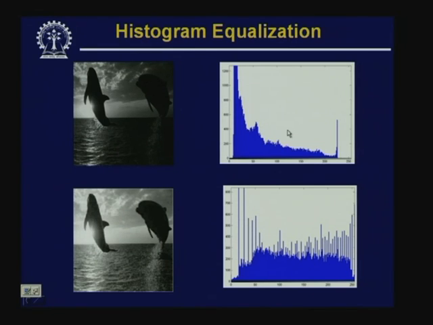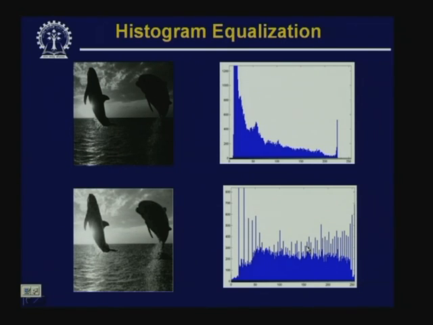Once we do histogram equalization, we get an equalized or processed image, and on the bottom row you find a brighter image, which is the histogram equalized image, and on the right hand side we have the corresponding histogram.